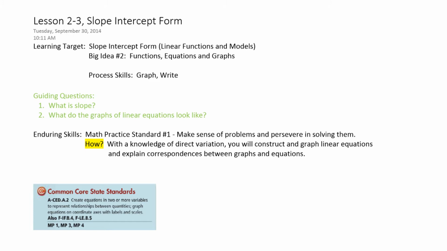Slope is the ratio of vertical change to horizontal change, which can be simplified to rise over run.